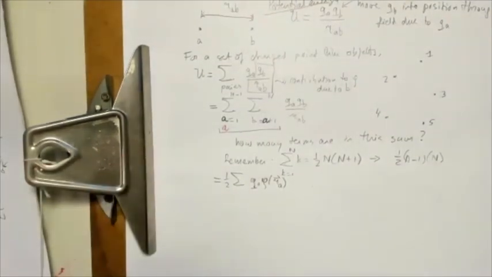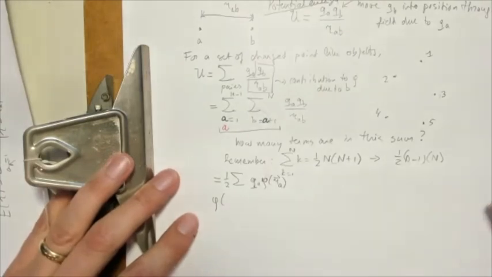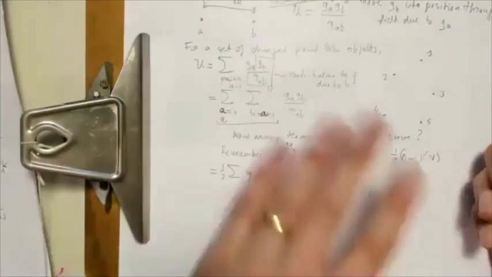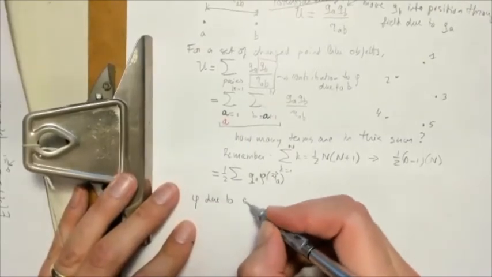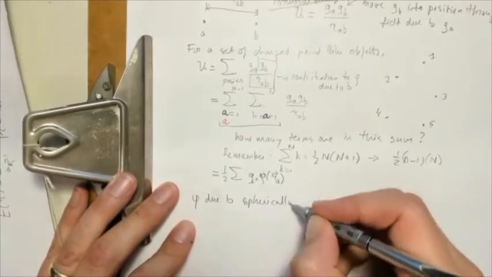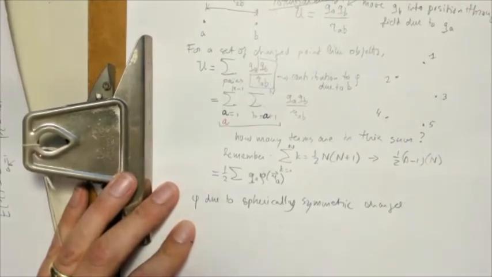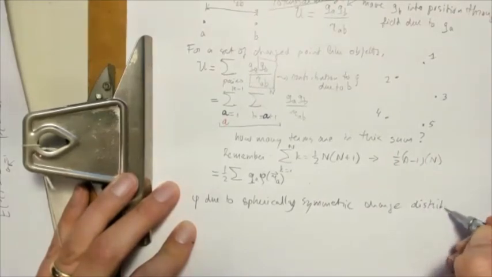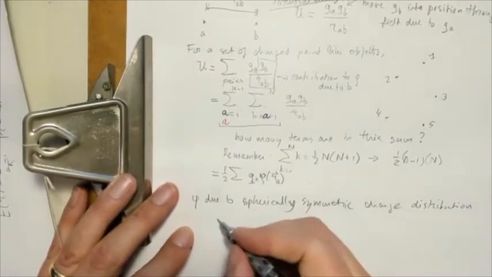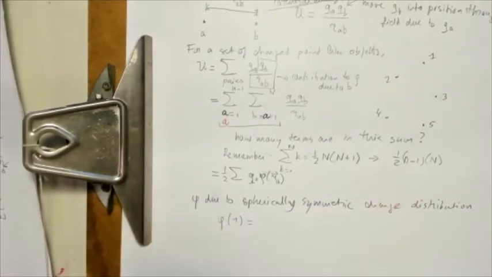Okay. Now, if we have a potential that is due to a spherically symmetric charge distribution, then we can write that as phi of R. Now there are two contributions to this.